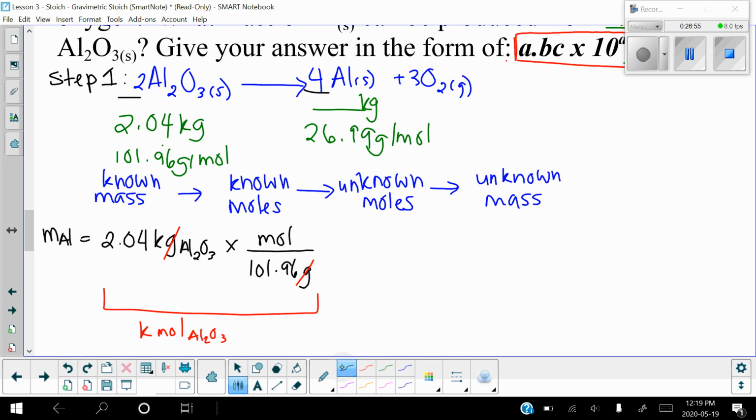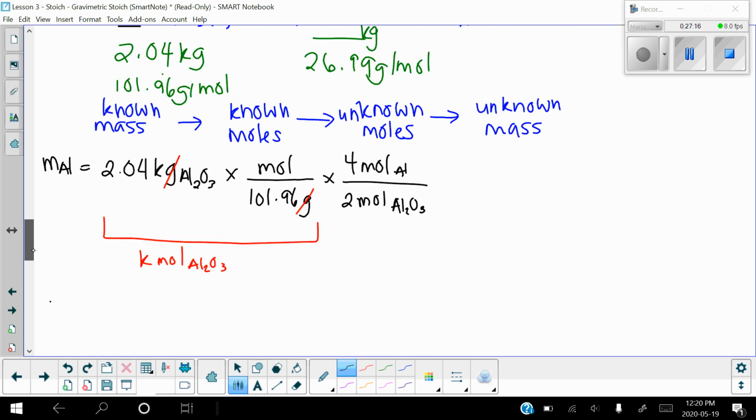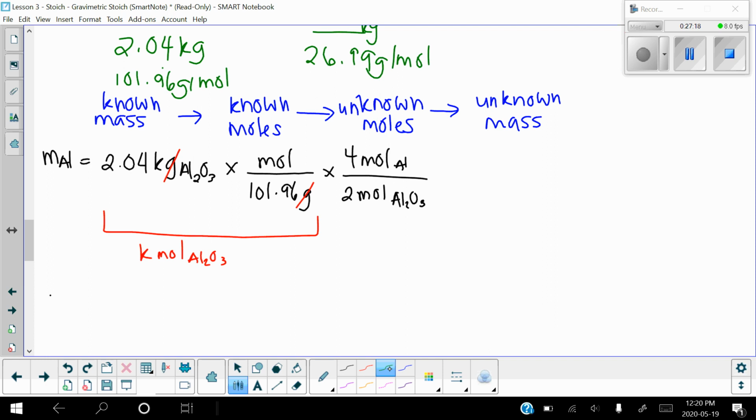Then from here, I'm going to convert it into moles of my unknown using my molar ratio. 2 moles of aluminum oxide, 4 moles of aluminum. Okay, so let's see what cancels out.